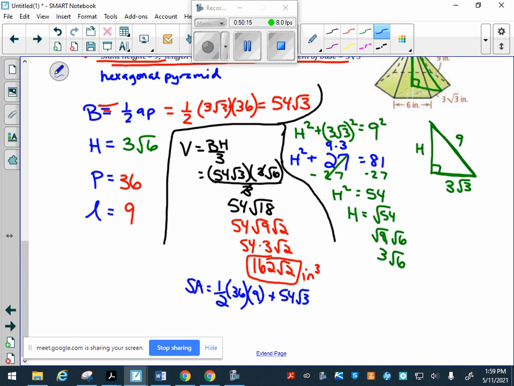Is that 162 too? 18 times 9. Yeah, 162. Plus 54 root 3. Now again, those two numbers, 162 and 54 root 3, cannot be combined, because the root 3 acts like a variable.